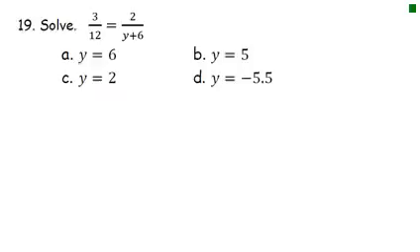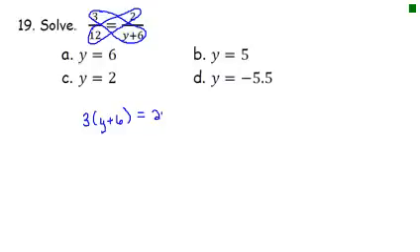All right, number 19, we are solving here. And notice that we've got two fractions that are equal to each other. So once again, we call those proportions. And whenever we have that, to solve them, we cross multiply. So we're going to take that 3 and multiply it with the y plus 6. Put an equal sign, and then 12 times 2 gives us 24.